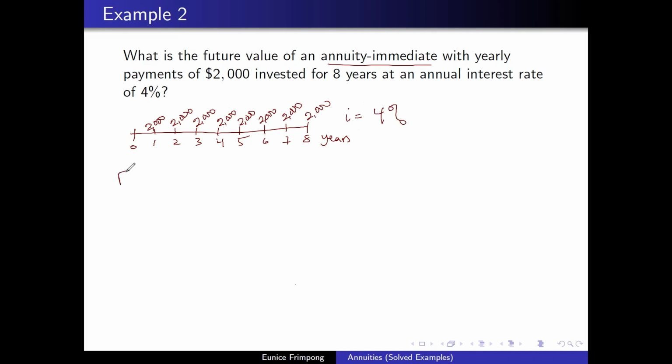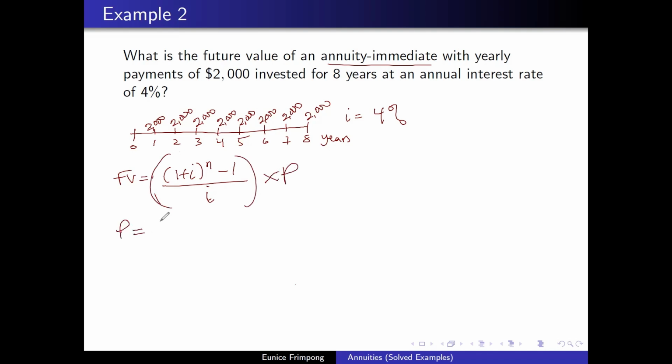So what is our future value? Our future value, according to the formula we saw previously, is (1 plus i) to the power n minus 1, all over i, all of this times P. Now, what is my P?